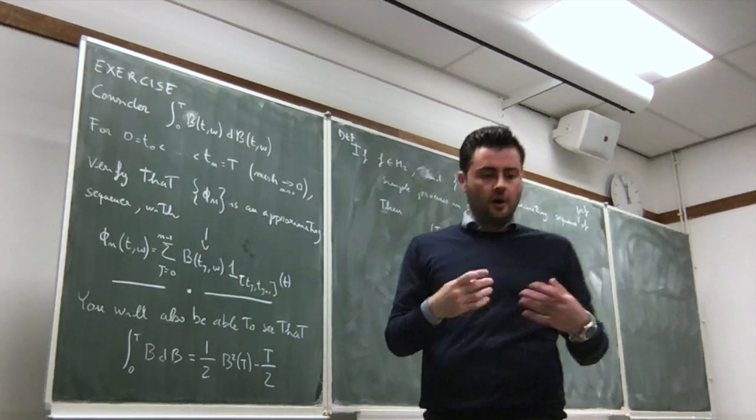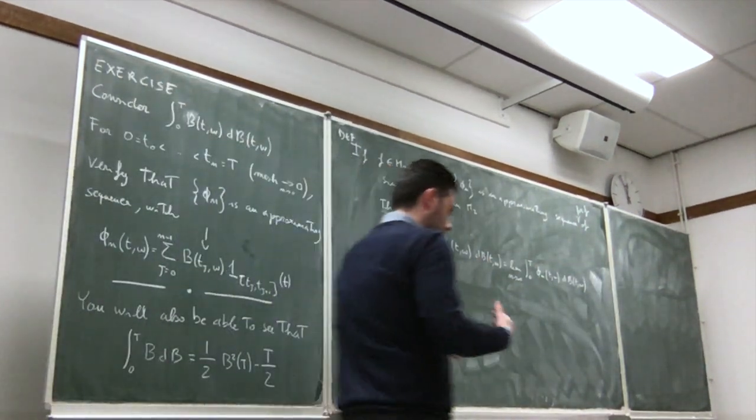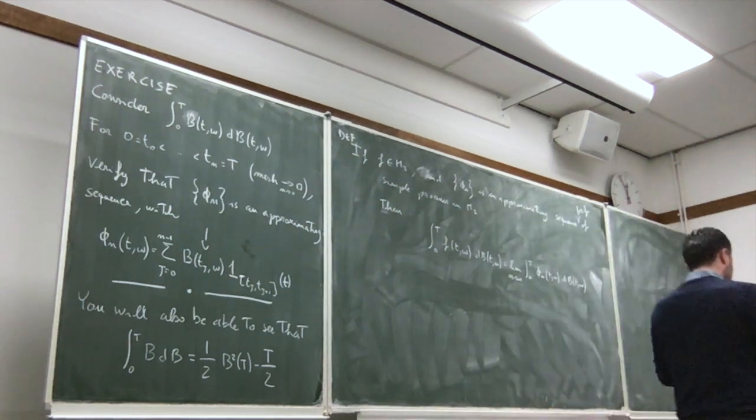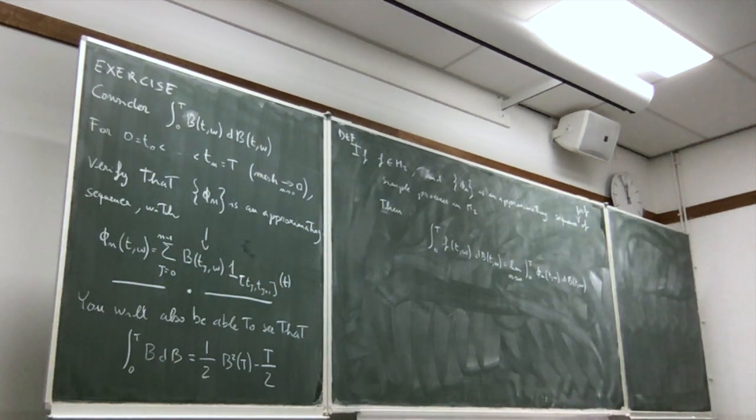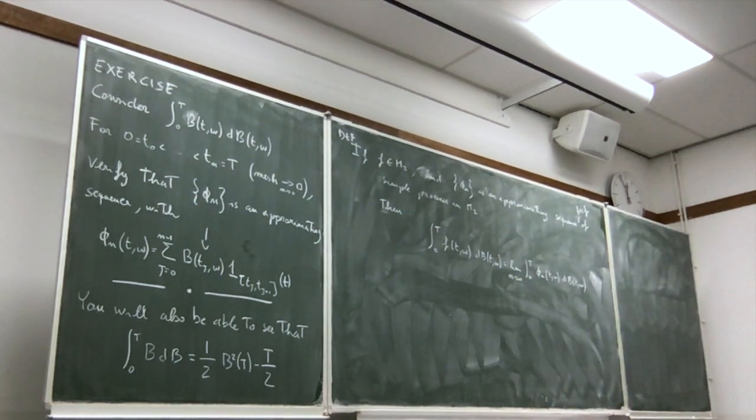So we define our Ito integral as the limit of the sequence of Ito integrals for simple processes that we have already studied, and that's it. So it's a limiting definition.